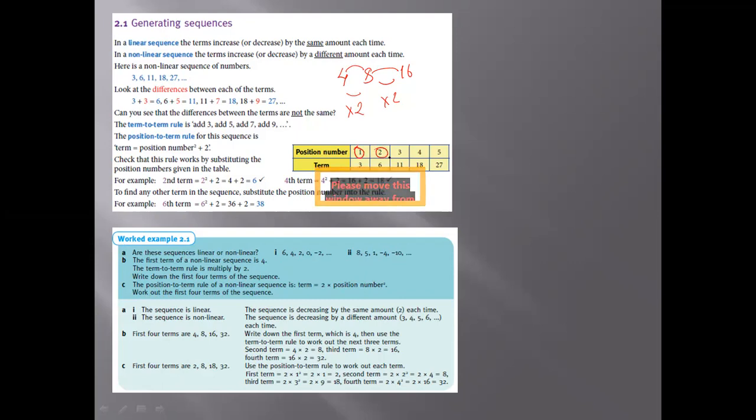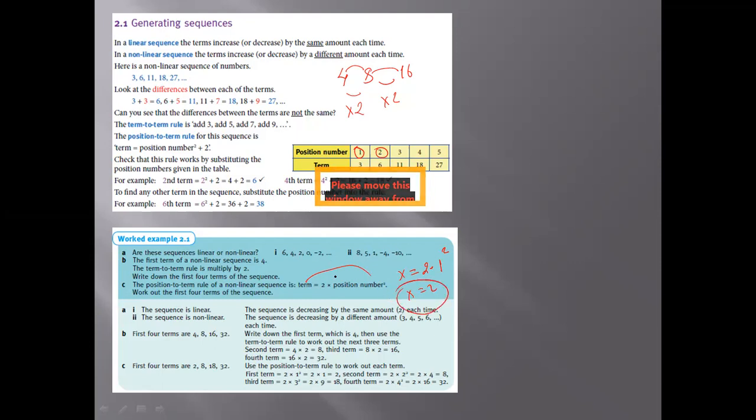It's just natural numbers from 1 to infinity. We need just the first 4 terms, so the position number starts with 1. The formula is already given. With position number 1, 1 squared is 1, 2 times 1 is 2. So the first term is 2.